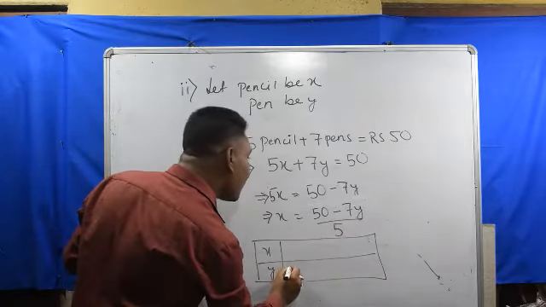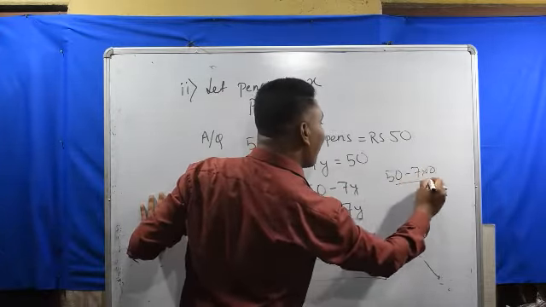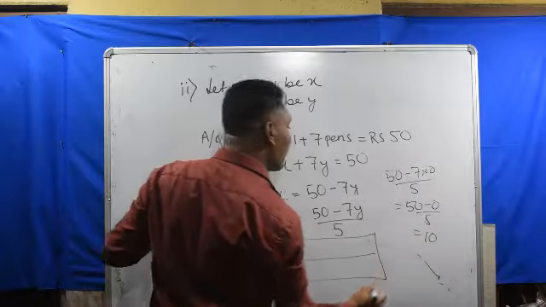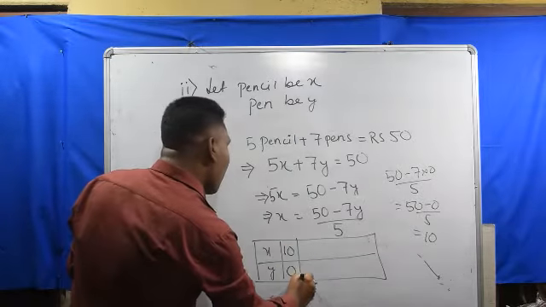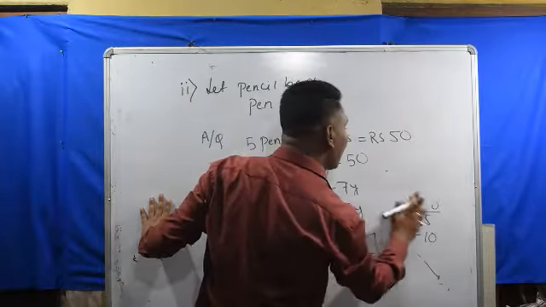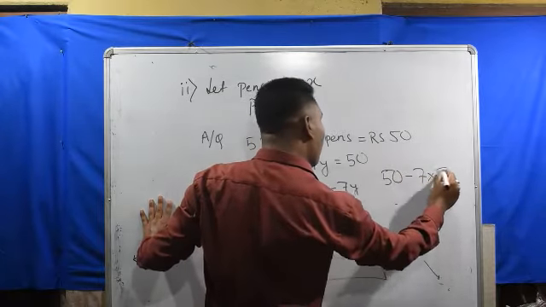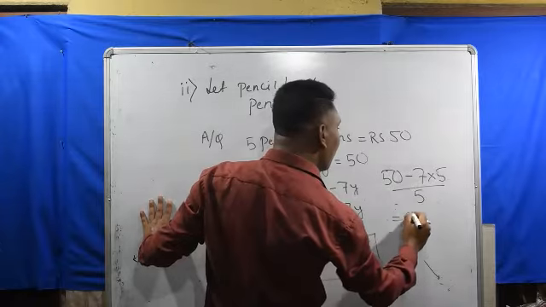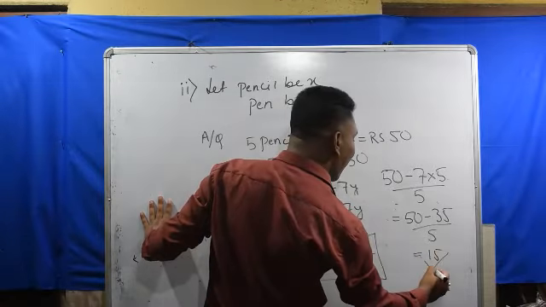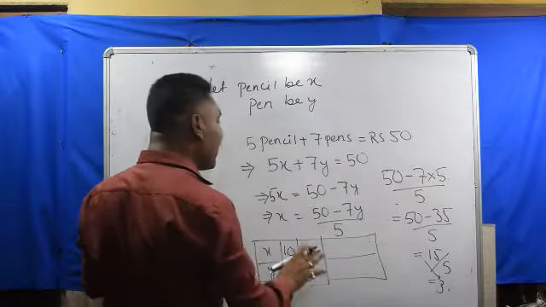So if I take y as 0, it becomes 50 minus 7 into 0 by 5, which is 50 minus 0 by 5, is equal to 10. If I take y as 5, the value changes drastically. 50 minus 7 into 5 by 5 is equal to 50 minus 35 upon 5, is equal to 15 by 5, is equal to 3. So we got two coordinates, that's enough.